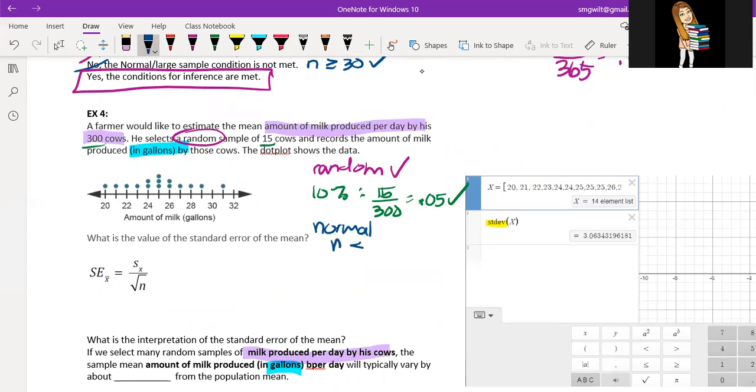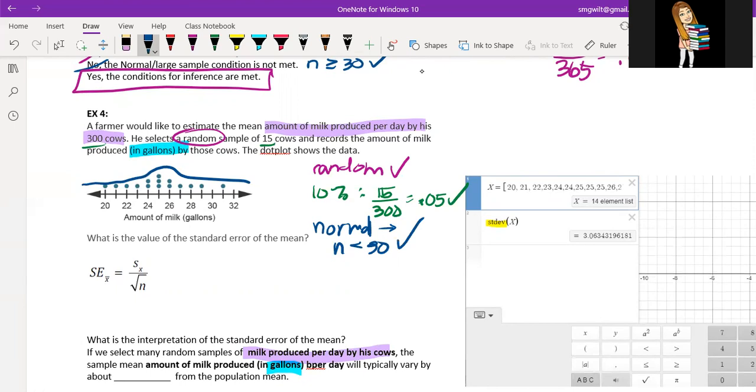So n is less than 30. And I don't see anywhere that it says anything about normality, but I can check the shape. If I look at this, it doesn't seem to have outliers. It doesn't seem to be skewed. It has just that one dot, right? The 31's a little bit off, but everything else is beautifully symmetric. So I'm going to say that this is approximately normal based on the shape of the graph, and so I'm going to count that it's good.